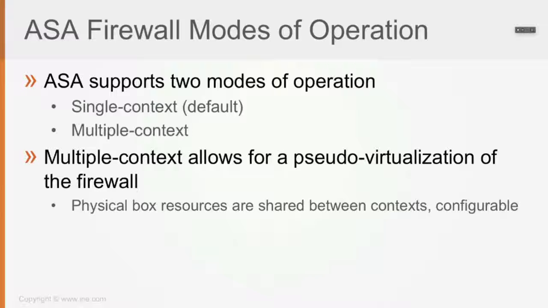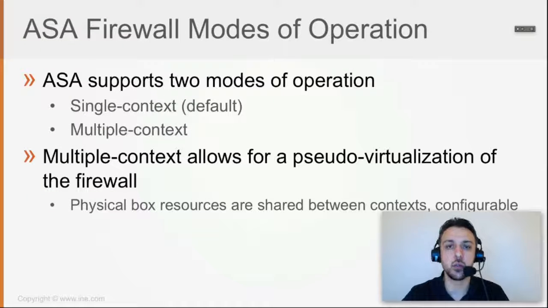All of the resources are going to be shared between contexts, and of course those are configurable. You can configure, for example, if the router supports, let's say, I don't know, 100 ACL entries or 1,000 ACL entries, you may reserve 800 for a specific context and 200 for other context, because you know that in different contexts you need different performances.